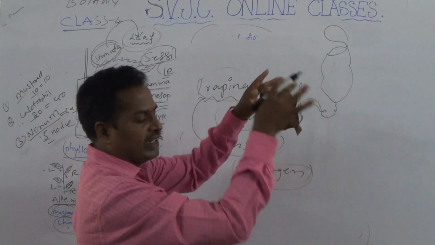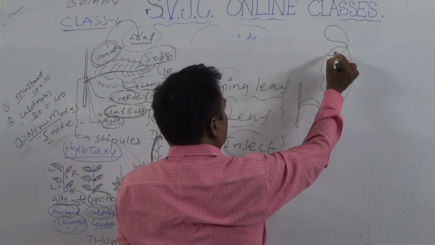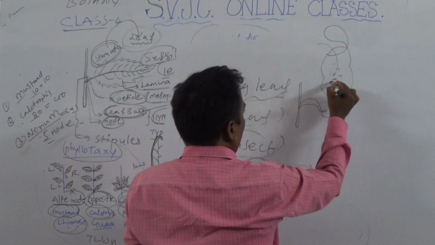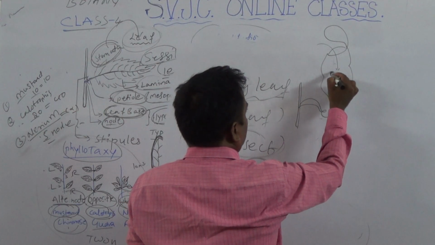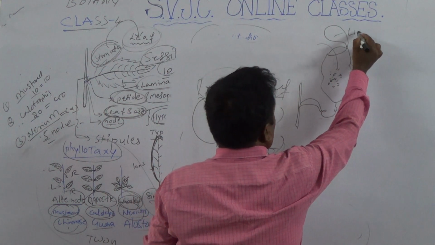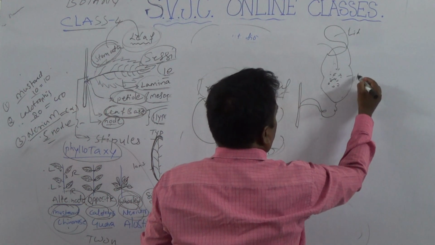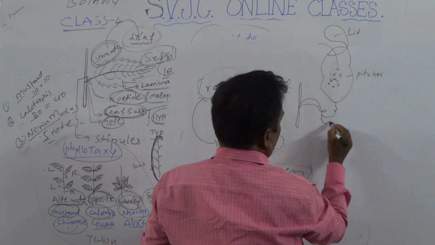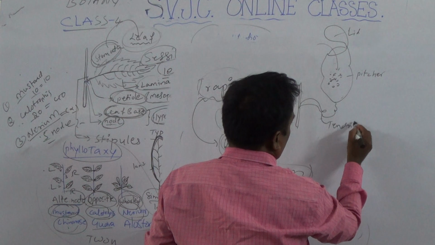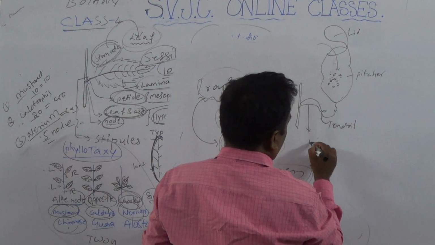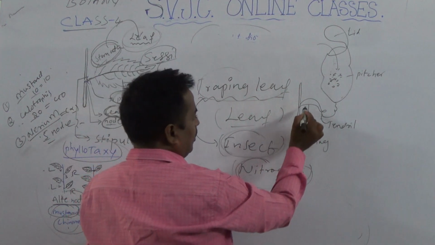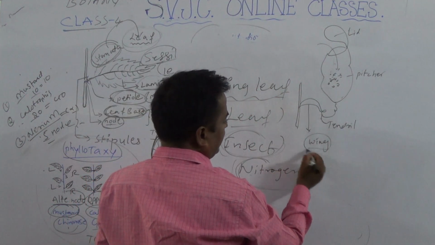Now this is the leaf modified like a pit. When insects fall into this pit, so this is the lid. Now this is the pitcher. Now this is the tendril. Now this is the wing. Every part is modified. The petiole base is modified into a wing.